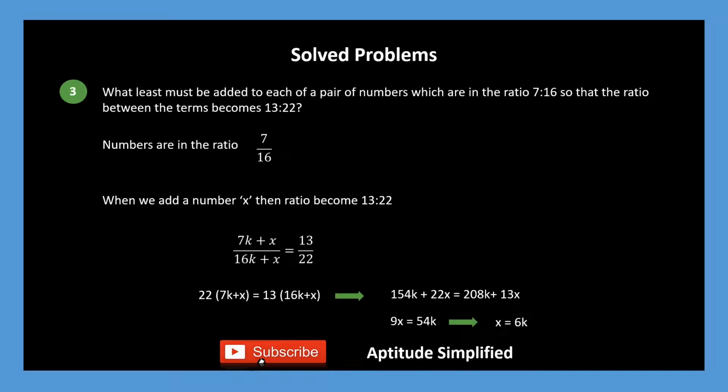Now x is the number which we will be adding to this pair of numbers, right? So we have to calculate the least value. The smallest value will occur when k is equal to 1. So at k is equal to 1, x becomes 6. So 6 will be the least possible number which needs to be added to this pair.